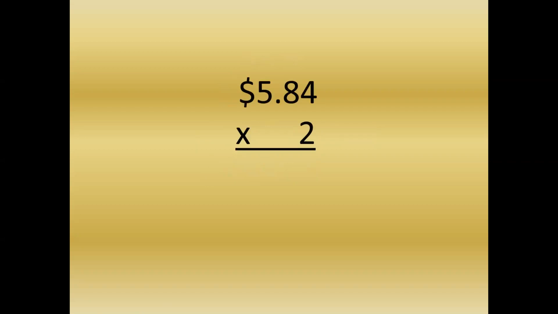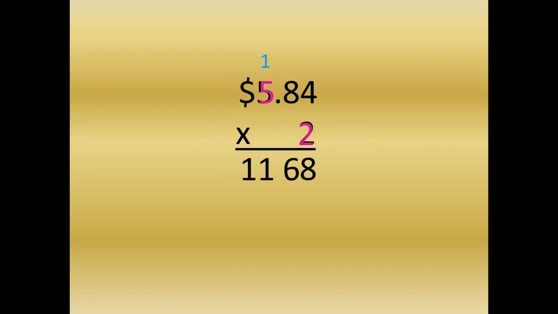So let's try one more like this. We have $5.84 times 2. We start with 4 times 2, which is 8. Then we move on to 8 times 2, which is 16, so we put the 6 below the 8 and the 1 goes above the 5. Then we do 2 times 5, which is 10, and we add 1 to it because there's a 1 above the 5, so it becomes 11.